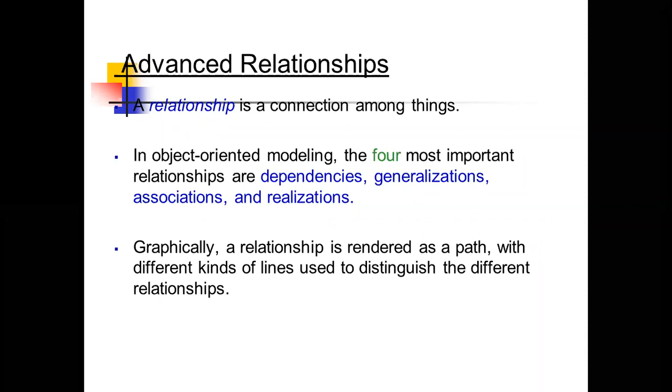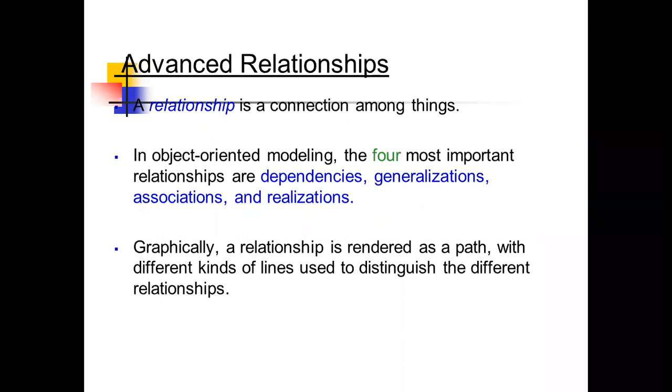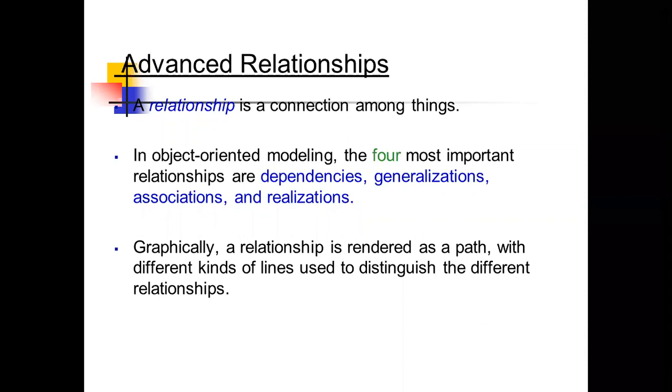These are the four kinds of relationship in your structural modeling. A relationship is rendered as a path with different kinds of lines used to distinguish the different relationships. Always remember there are four relationships: dependencies, generalization, association and aggregation.